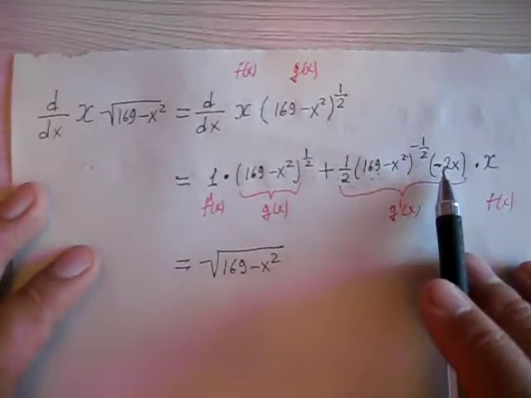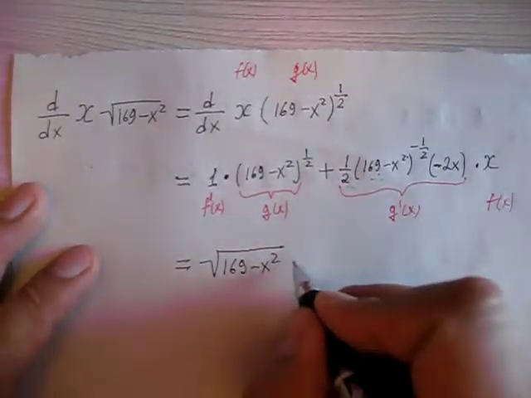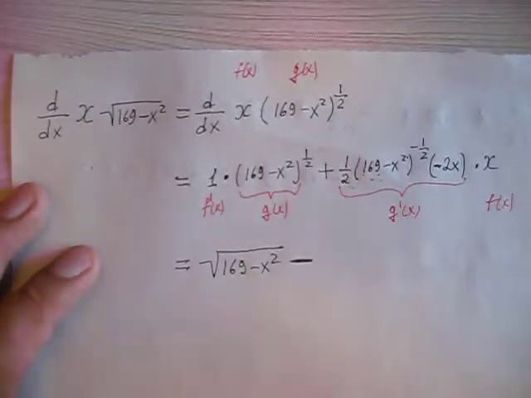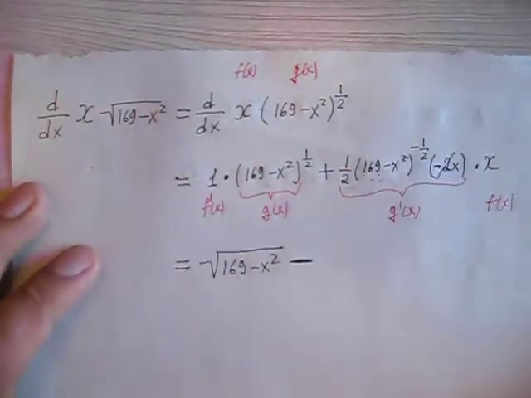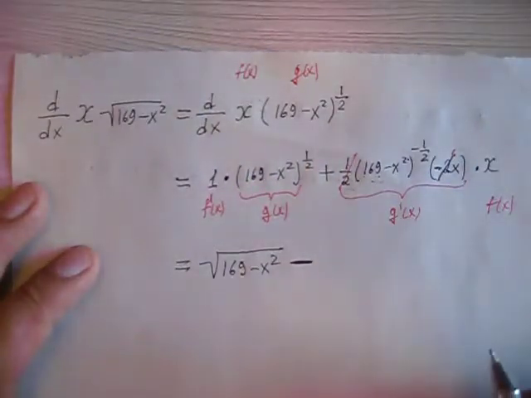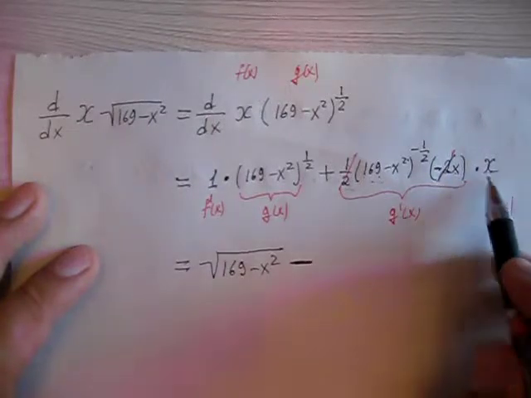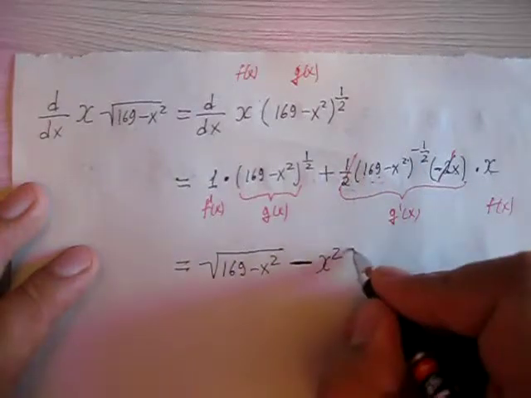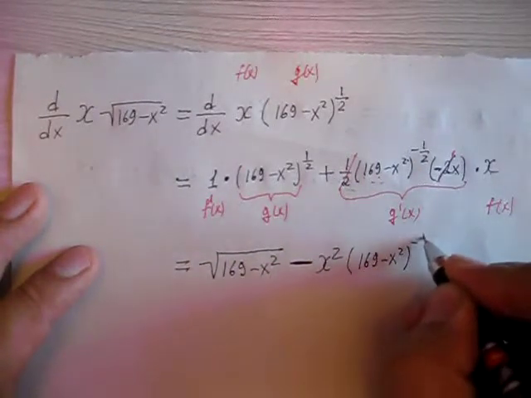When we multiply a negative number by a positive number, we will have a negative, so plus will be minus. And 2 times 1/2 is 1, so that will just cancel. We will have x times x, which is x squared, times this expression: (169 minus x squared) to the power of negative 1/2.